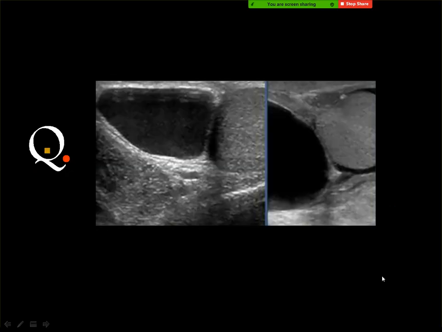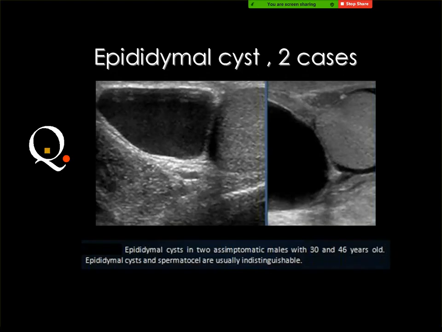These are two different cases of cyst in the epididymis. One is epidermoid, one is spermatocele.